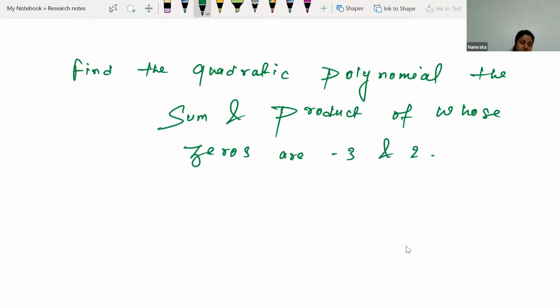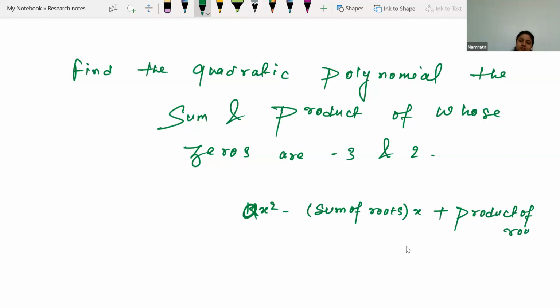The standard one is k times (x square minus sum of zeros x plus product of zeros). So k(x square minus 3x plus 2) is equal to 0.